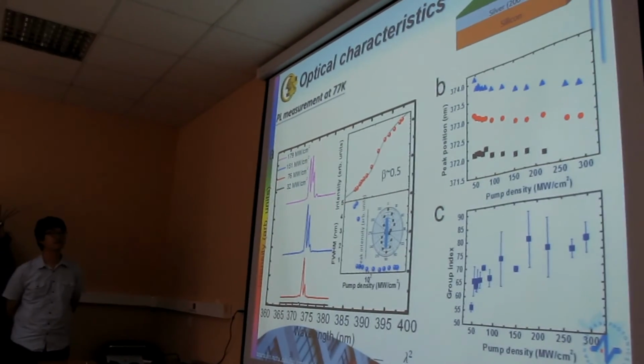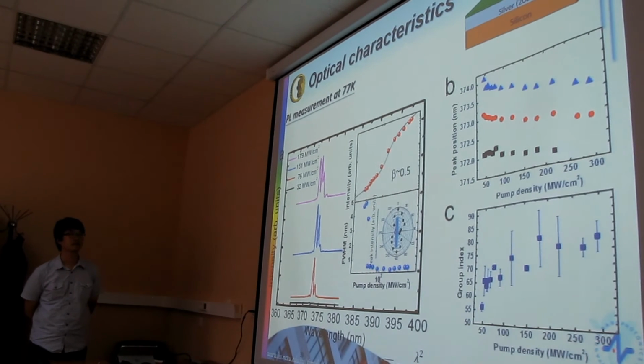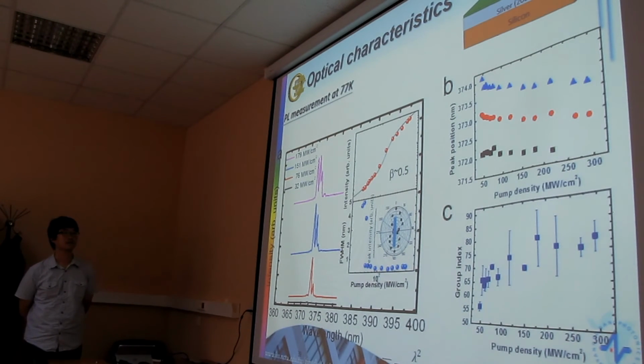What is the physical origin of these separate peaks? Are they standing waves or something else? It's very simple. They are longitudinal modes, standing waves along the wire. It's very surprising that in such a short cavity, only 1 micron, it can sustain so many modes. The physics behind that is that the group index is so large.